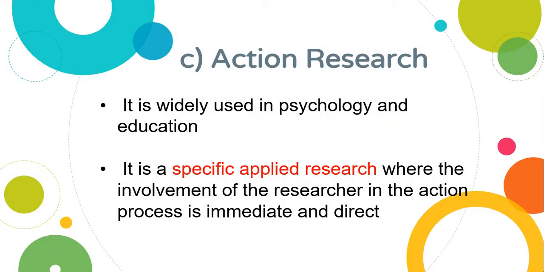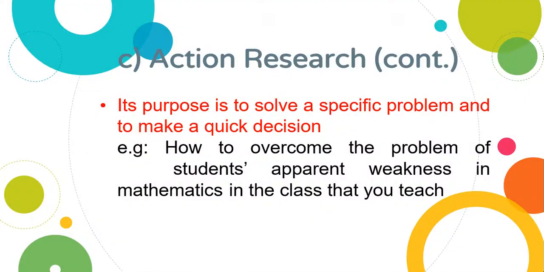And then action research is specific applied research. In action research, it is basically to solve a specific problem and to make a quick decision. That's why we call it action research.